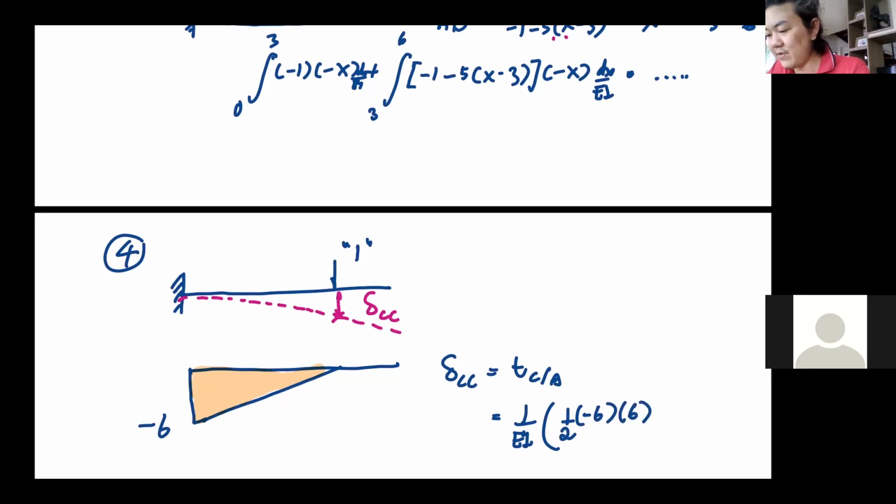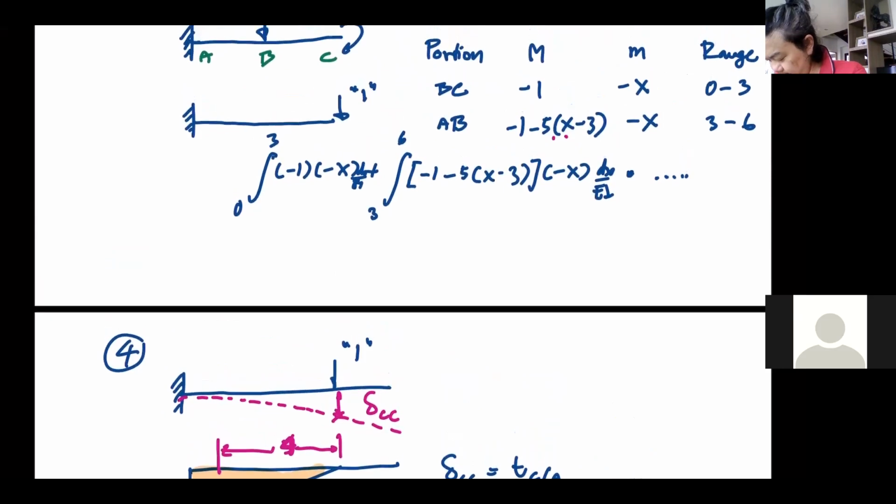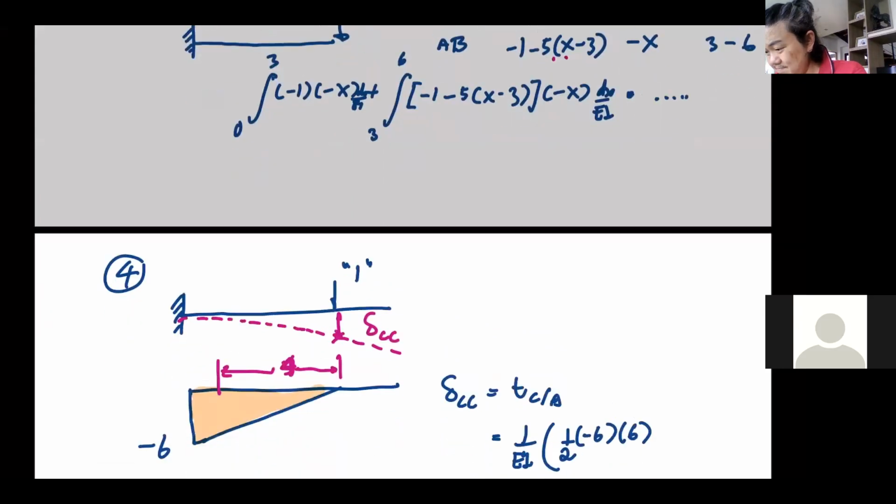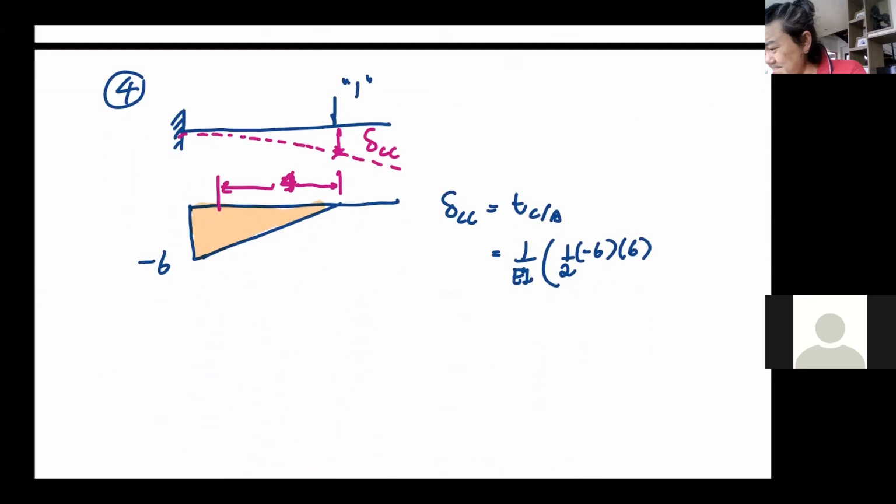Because we need to take moment at this location, the length is 6, and that is 4, not 5. 2/3 of 6 is 4, right? Yeah. Okay. So that's 4. This is -72 over EI.